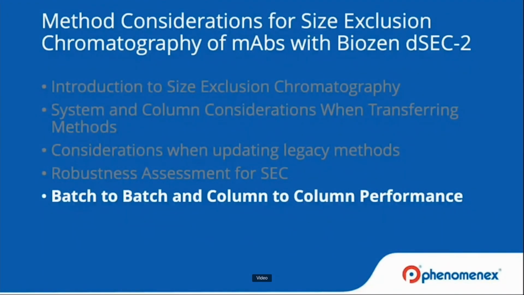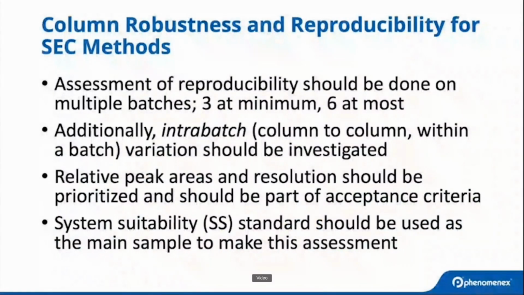So finally, just looking at batch to batch and column to column performance. And the most obvious way to assess method robustness is simply evaluating different batches, 3 at minimum, but 6 may be necessary depending on your resources. So intra-batch, or within the same batch, should also be looked at, just to ensure that there isn't a robustness issue within the method there.